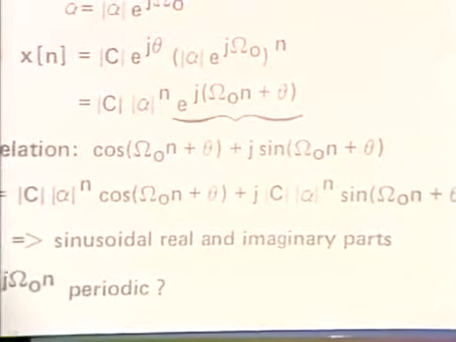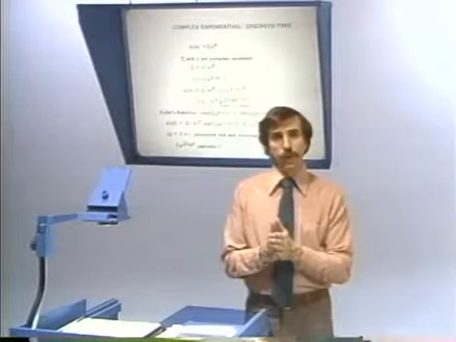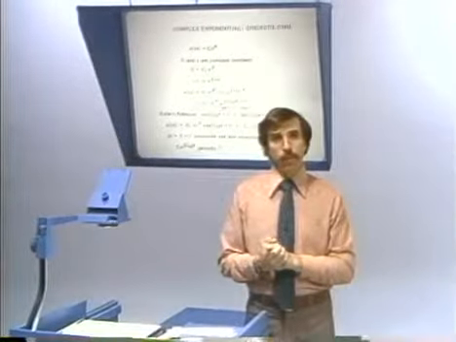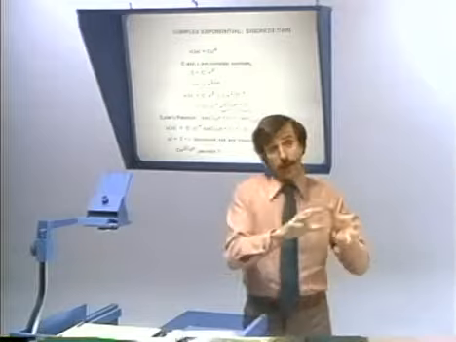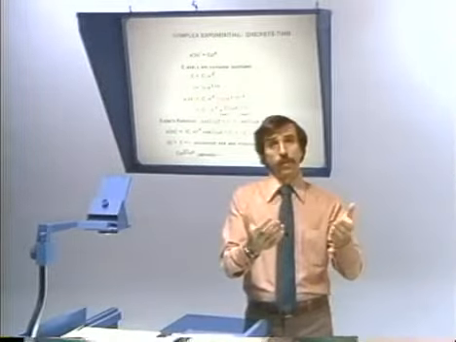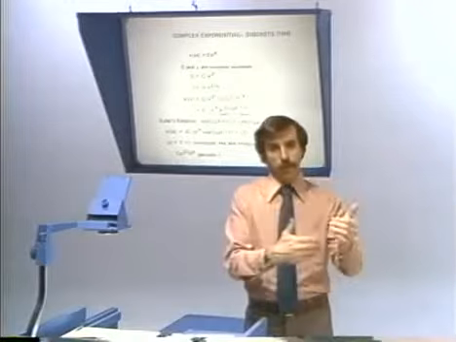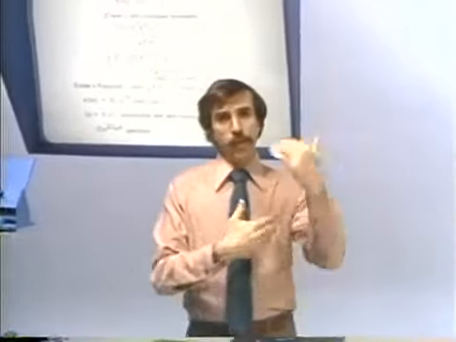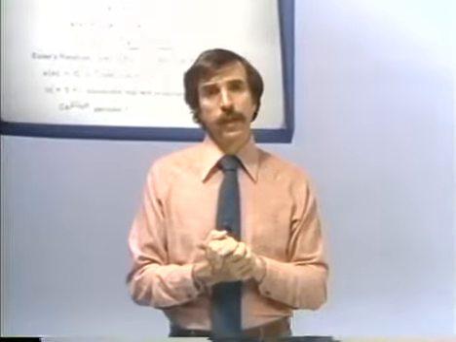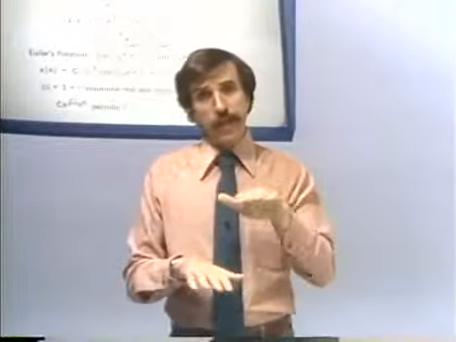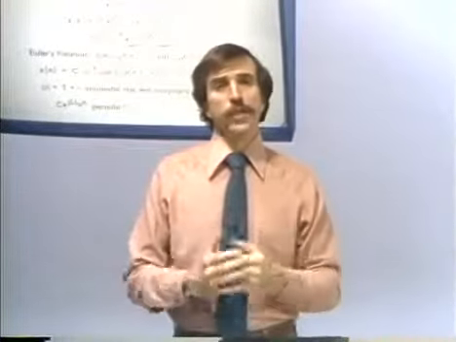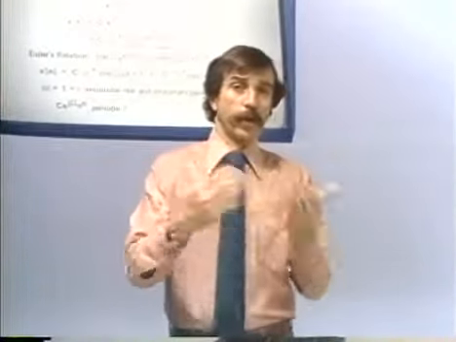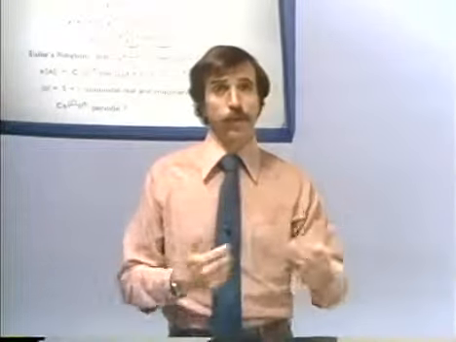In particular, in the discrete time case, with the magnitude of alpha equal to 1, we have pure sinusoids in the real part and in the imaginary part. And in fact, in the continuous time case, with r equal to 0, we have sinusoids in the real part and the imaginary part. In the continuous time case, when we have a pure complex exponential, so that the terms aren't exponentially growing or decaying, those exponentials are always periodic because, of course, the real and imaginary sinusoidal components are periodic.